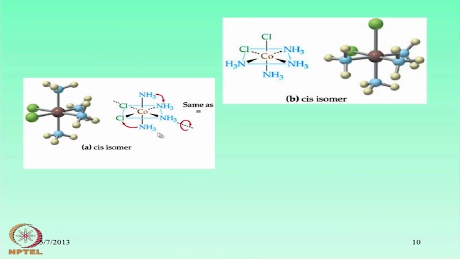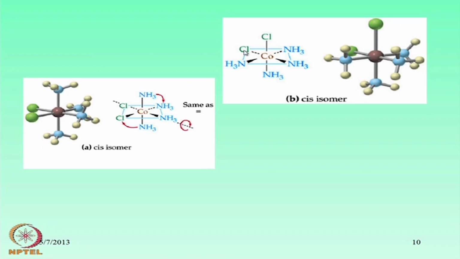So, what we will see is that in the case of the cis isomer we have this arrangement, and if we rotate it along this axis, this is the rotational axis, around this particular arrow. So NH3 will come over here, this NH3 will go over here, and this chloride will go to this particular position.